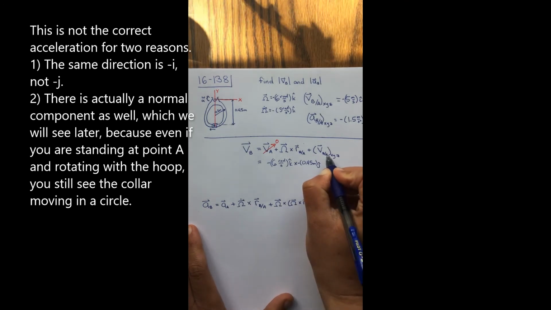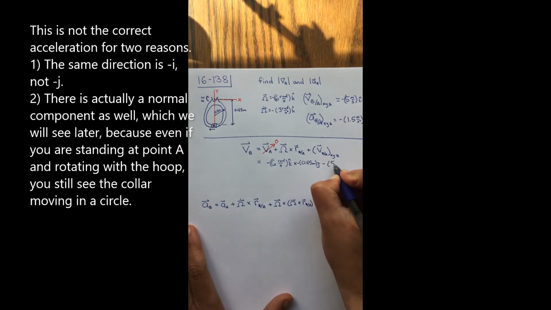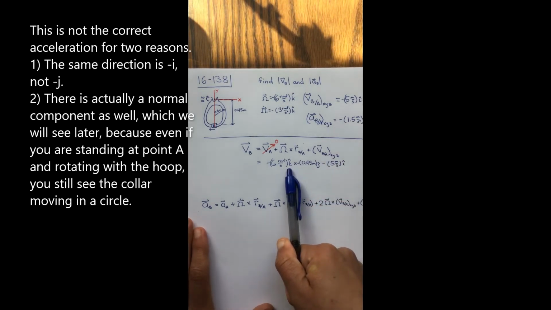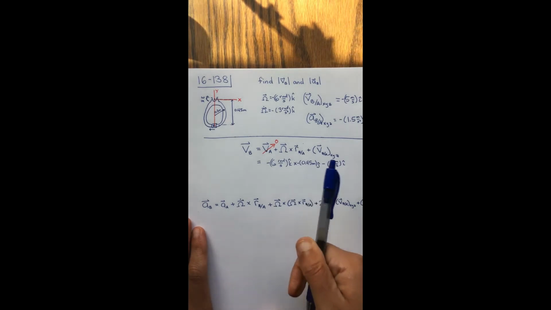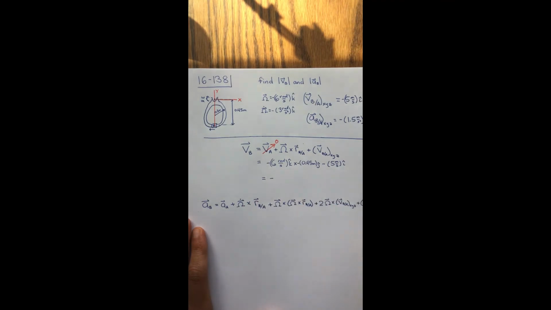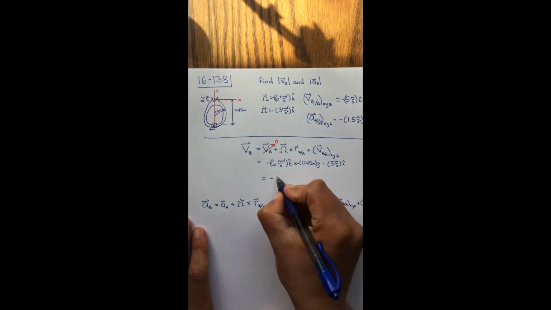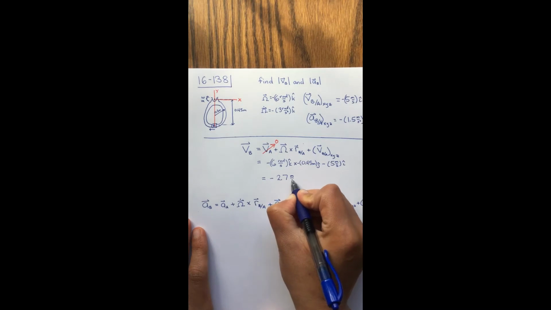Plus the relative velocity, that's here, negative 5 meters per second i hat. When I do the cross product here, k hat crossed with j hat gives me negative i hat. I have a negative sign here and a negative sign here, so it's still negative i hat. And 6 times 0.45 gives me 2.7. So this is 2.7 radians per second times meters, which is meters per second.